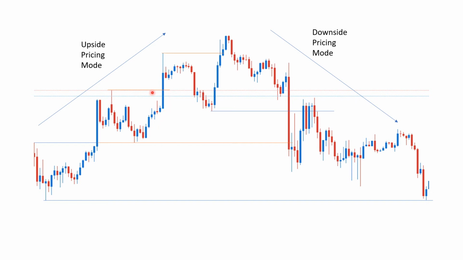We want these highs to be broken, these highs to be broken. Once price is no longer in an upside pricing mode, it's going to tell you by starting to break lows. So as the lows of the upside pricing mode are being broken down and respected basically in the opposite way that it came up, then you start to see that price is in a downside pricing mode.